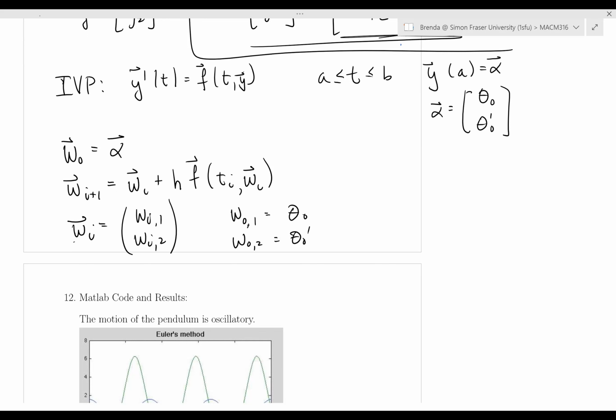Then it means that W I plus 1. So now I'm going to move to the next step. So I can go this way from 0 to 1, and then I can go from 1 to 2, etc. This one, the first component, is going to be WI1 plus H times WI2.